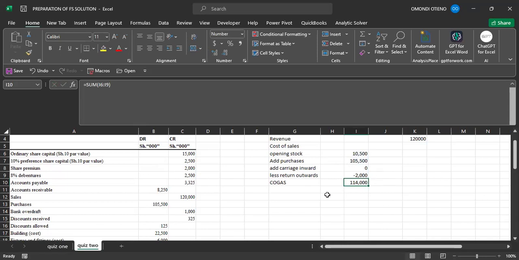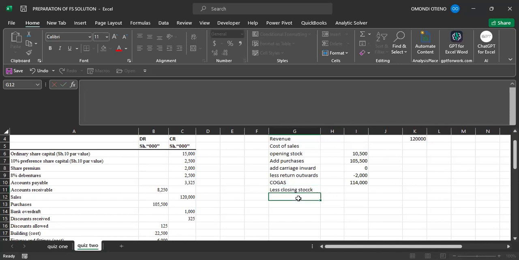To the cost of goods available for sale, we need to less closing stock so that we get what was actually sold, the cost of what was sold. So our closing stock here is not given, is unknown, right?